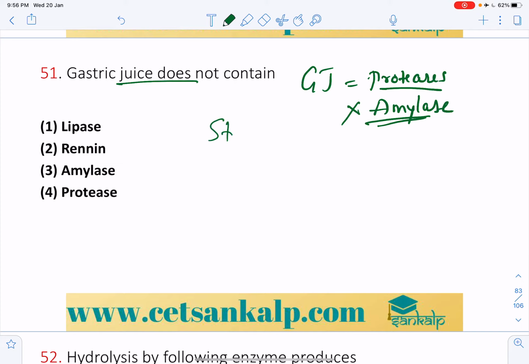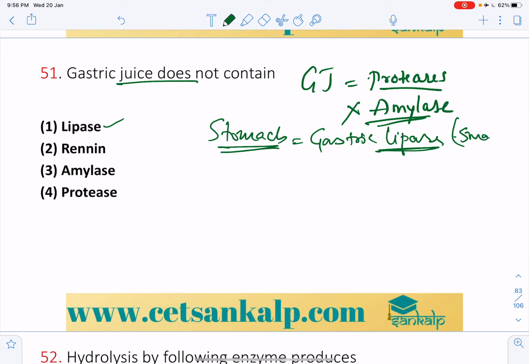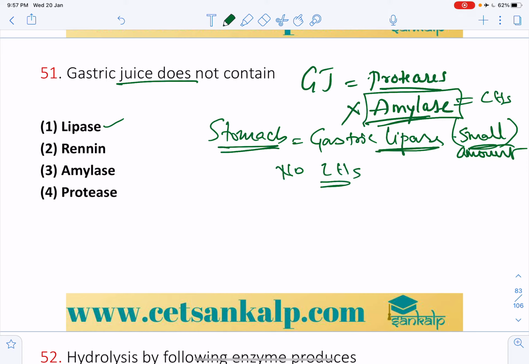In the stomach there will be a little amount of gastric lipase, a very small, negligible quantity, but there is no gastric amylase which helps in carbohydrates, hence no carbohydrate digestion.